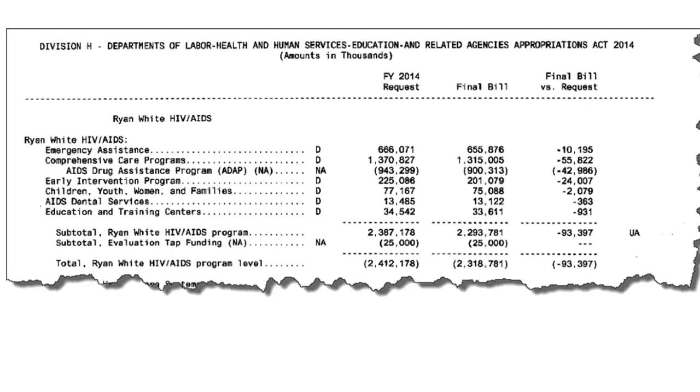Since Congress gave us the list, they expect us to follow it or notify them why we want to change it. For example, suppose we would like to spend a bit more than $13.1 million on AIDS dental services and a bit less on education and training centers.